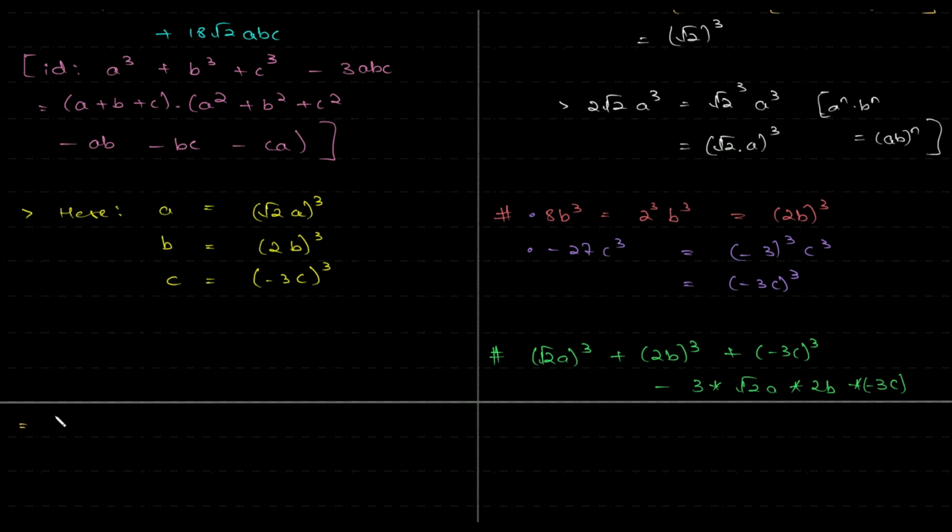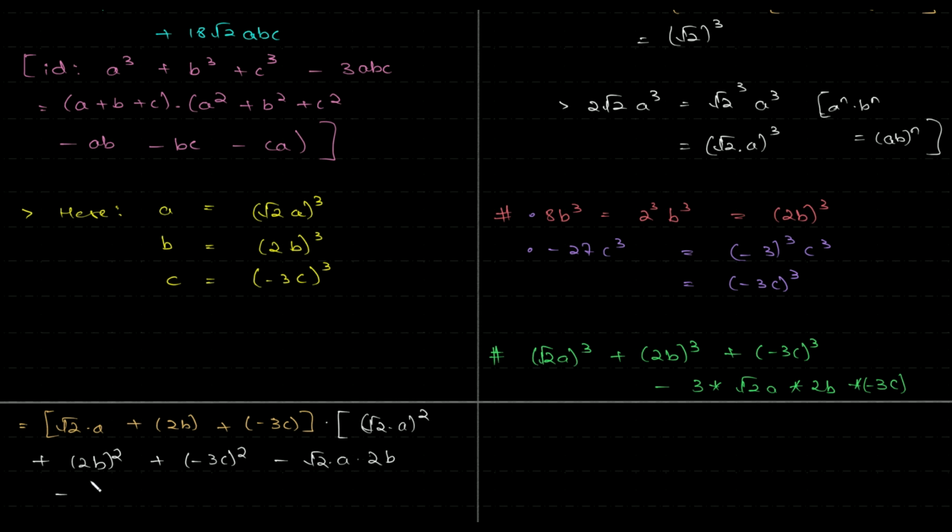No, the next one. This is nothing but a plus b plus c, open the brackets, close the brackets, into a square plus b square plus c square minus ab minus bc minus ca.